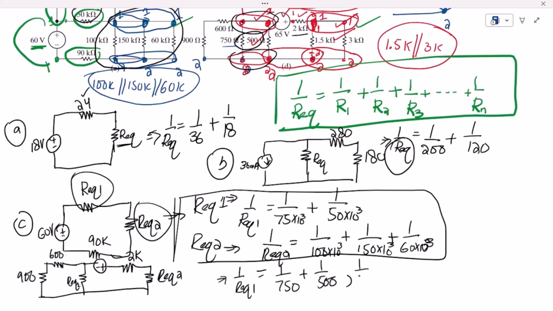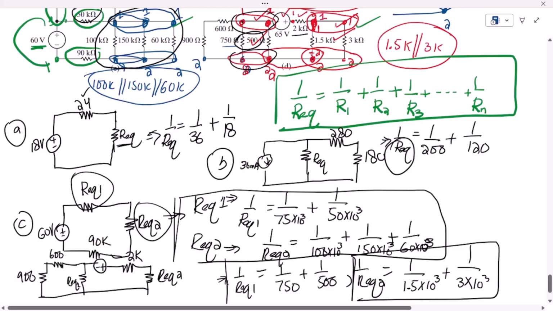To find out R equivalent 2, these two are in parallel, so 1 over 1.5K, which is 1.5 into 10 to the power 3, plus 1 over 3 into 10 to the power 3. So this is for R equivalent 2, and this is for R equivalent 1. By using it you can find it, and by applying the same formulation you can see what is happening here.